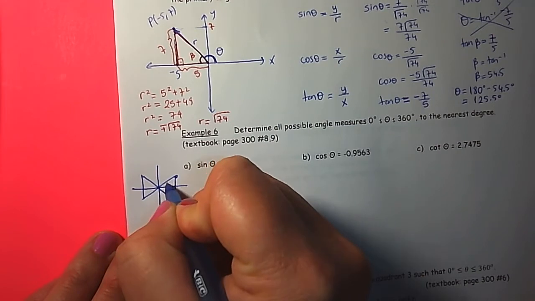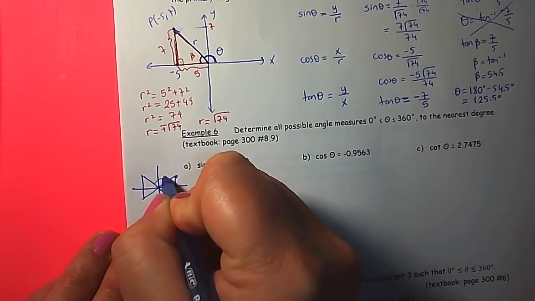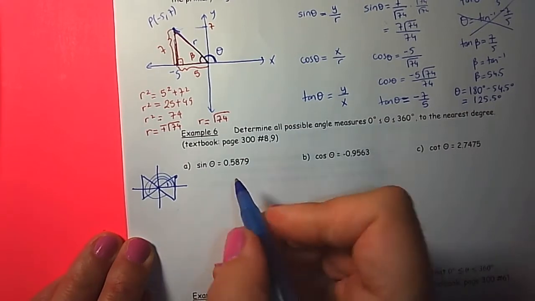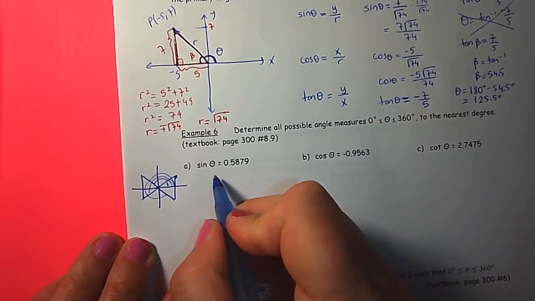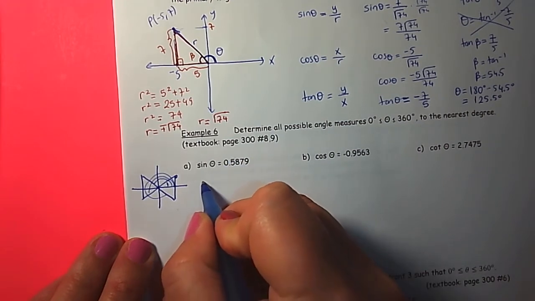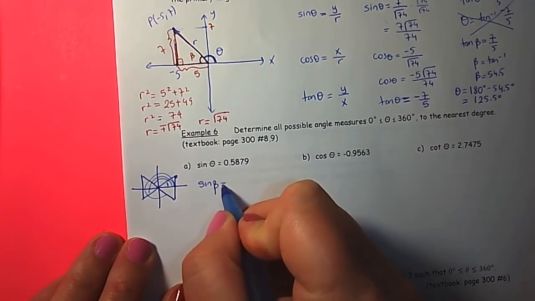So those 4 angles, 1, 2, 3, and 4, will all have the same value for their ratios, but again 2 of them will be positive, 2 of them will be negative. So in this case, we cannot just do theta equals sine inverse of that value. We always have to go with beta.